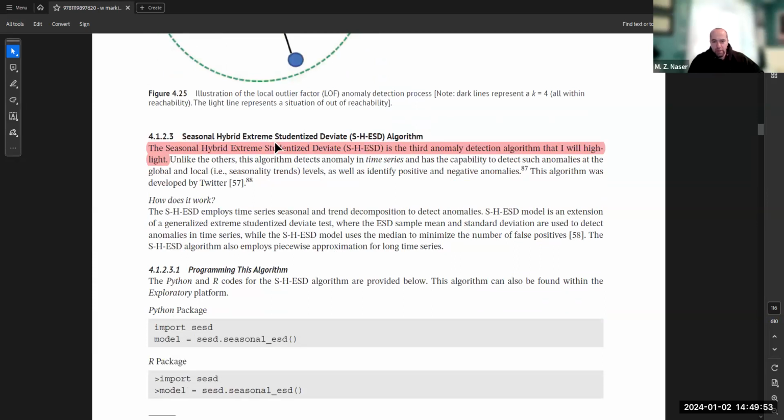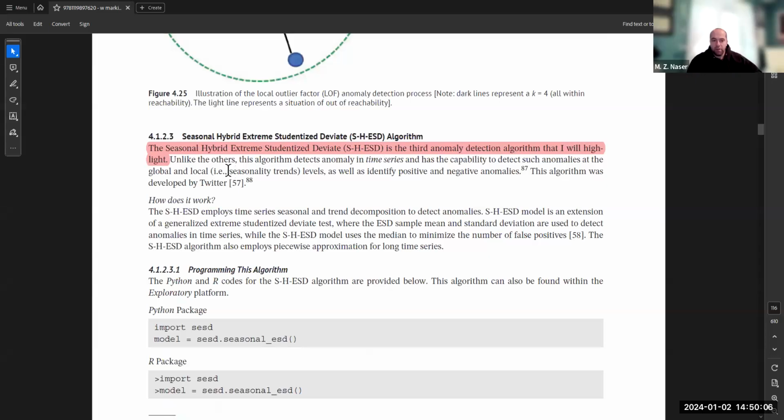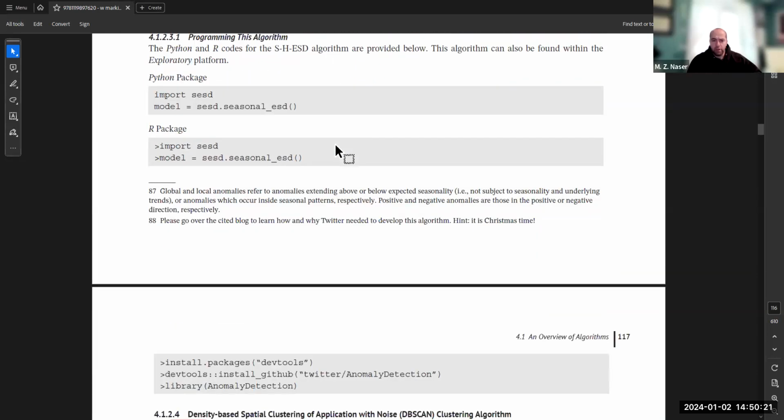This one we haven't seen: S-H-ESD, an algorithm that handles a lot of time series, for instance seasonal trends. It was actually developed by Twitter, formerly, now it's X. It's amazing how the title and the name have changed in very few months. I think Facebook has their own one too.